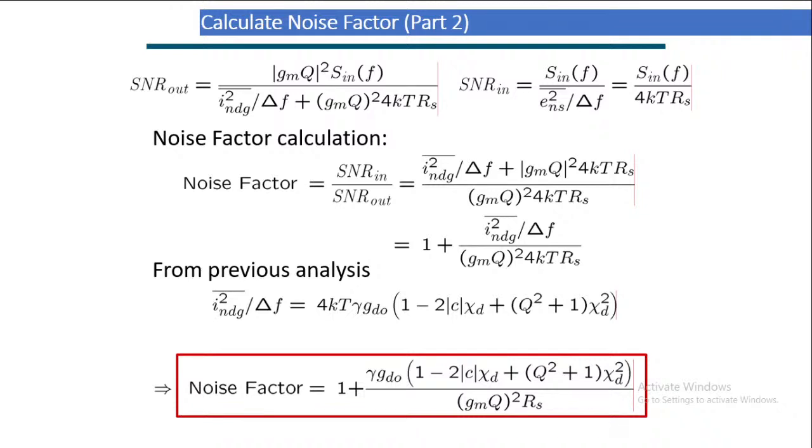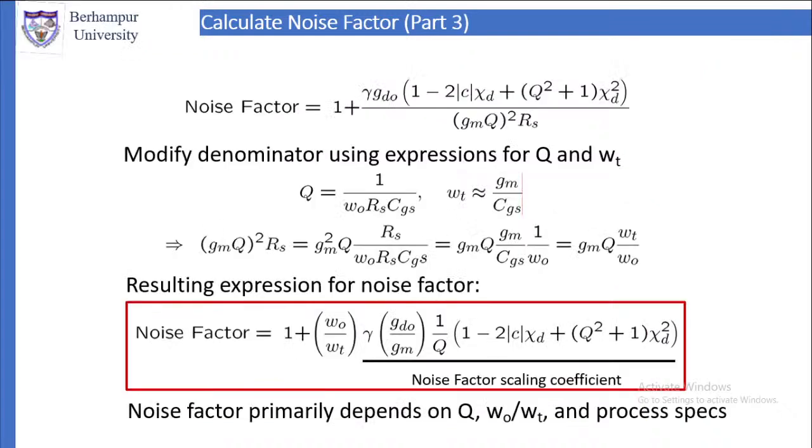So from that, the final expression for the noise factor is 1 plus gamma ZD0 whole into 1 minus 2 times the absolute value of C into ZD plus (Q square plus 1) into ZD square, divided by (Gm Q) whole square into RS. This is the expression for the noise factor. So we have found the expression for the noise factor.